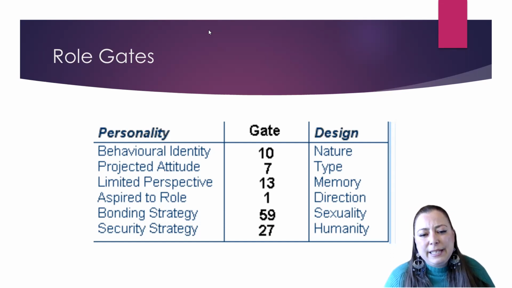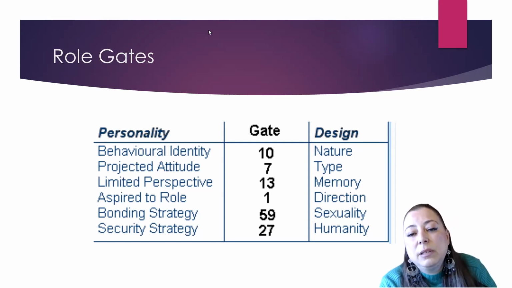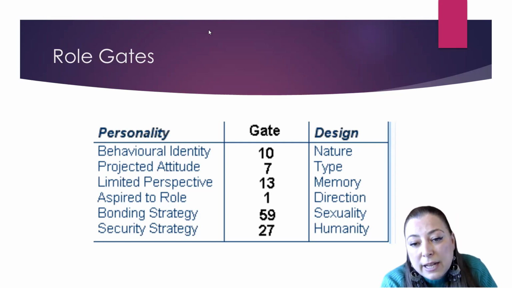So we have in the 10th gate, the nature, we have the first line, the modesty, the second line, the hermit, third line, the martyr, the fourth line, the opportunist, the fifth, the heretic, and the sixth line, the role model.